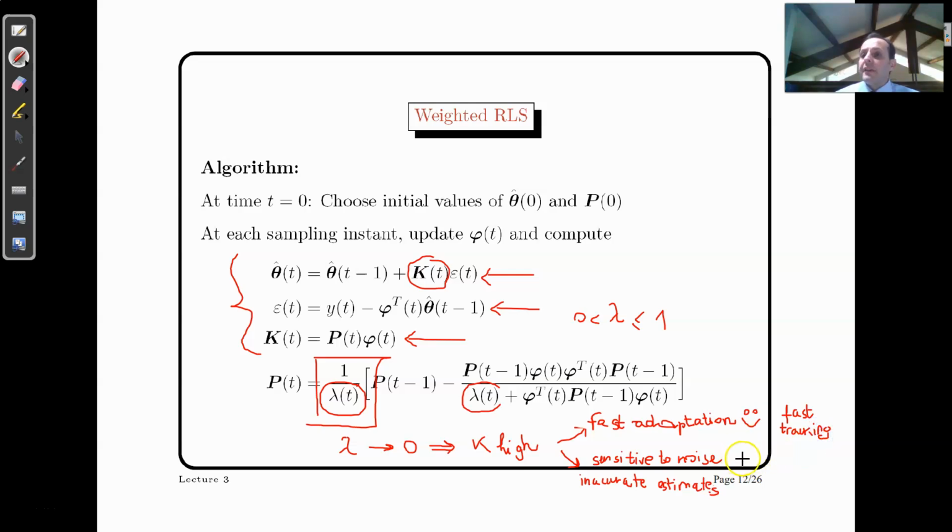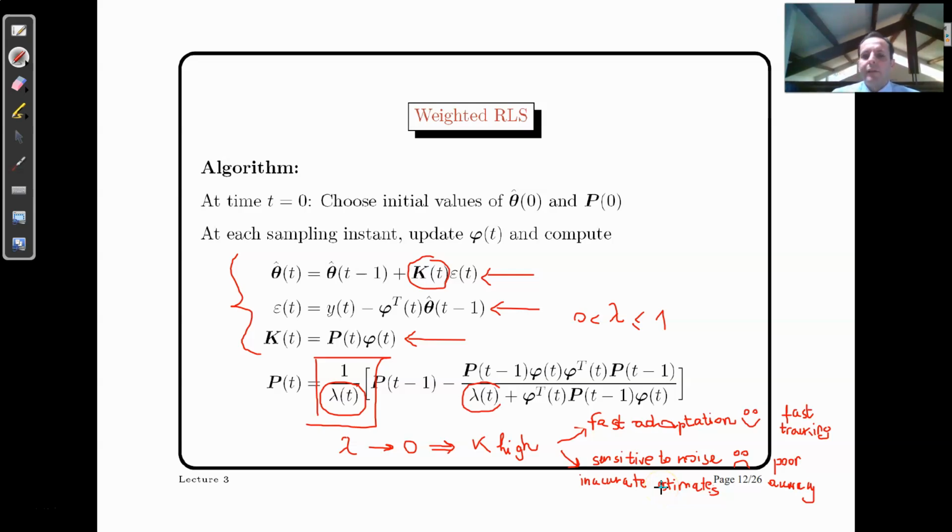But on the other side is a negative aspect. So we have a face which is not smiling because we have a poor accuracy of your estimation, because you are amplifying.